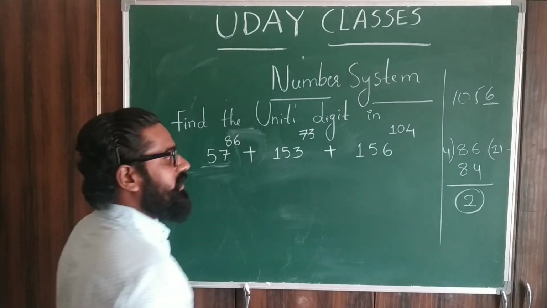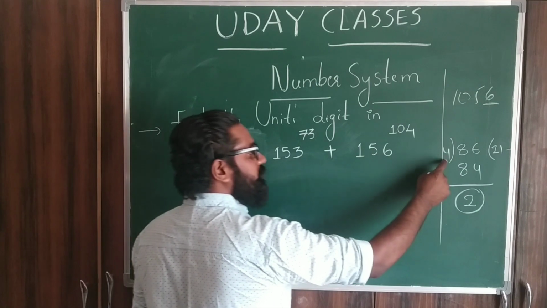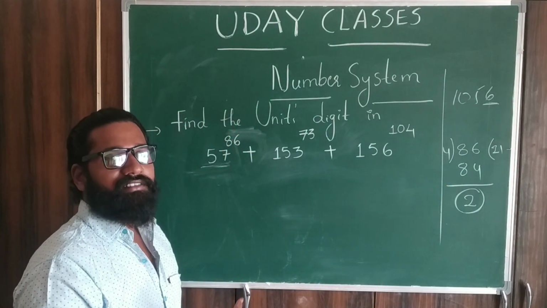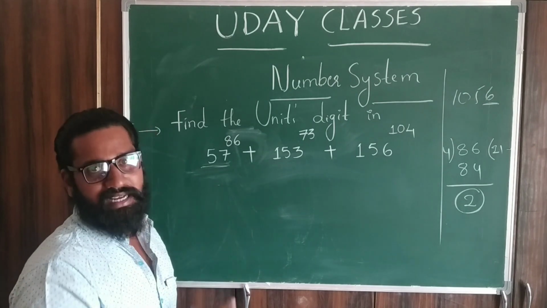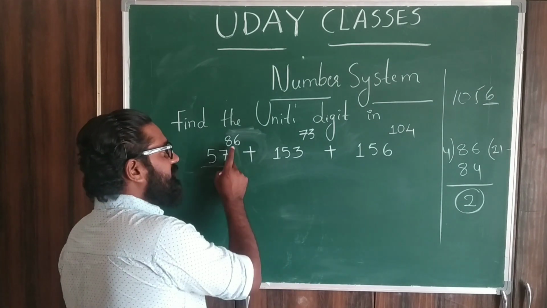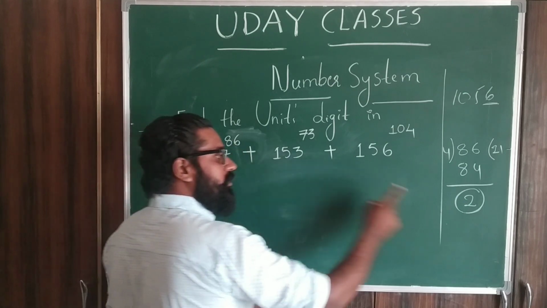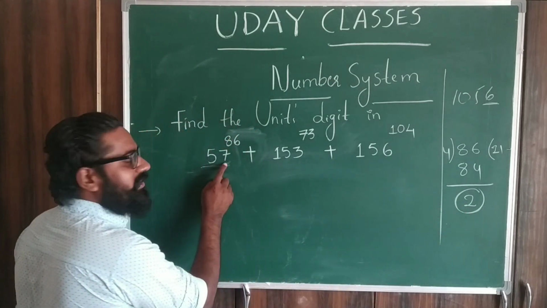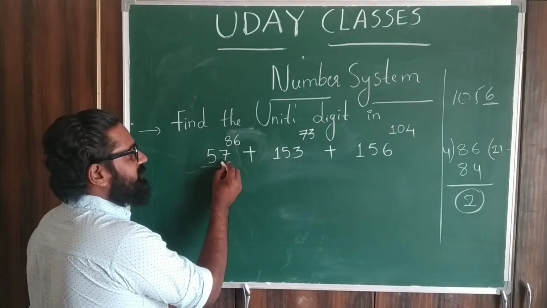Is that clear everyone? So first divide power with 4. I will discuss in the class itself why we are dividing this with 4. So if the logic is divide this 86 with 4, you are getting 2 as remainder. Now I am writing this remainder as power of this last digit. What is the last digit here? 7.